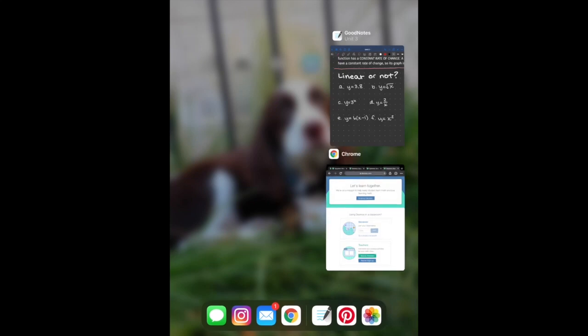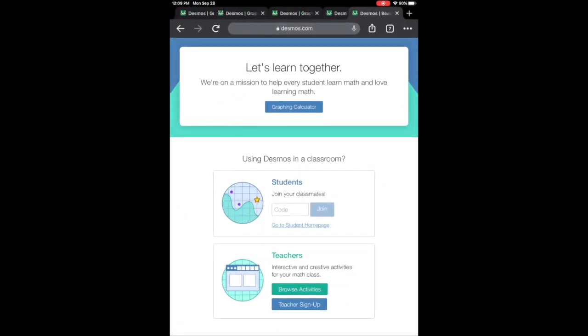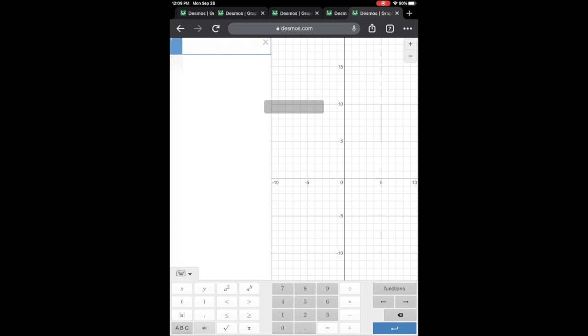So that's what I'm going to show you right now. So you type in Desmos.com to the search bar, and this is what the intro page looks like. And you're going to go to the graphing calculator. And when you go to the graphing calculator, you can basically type in any function, okay?